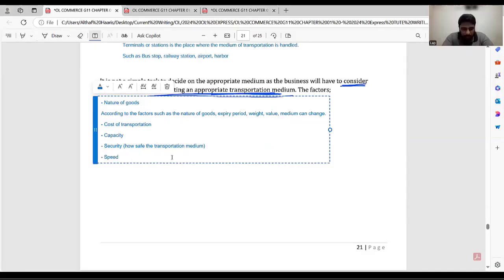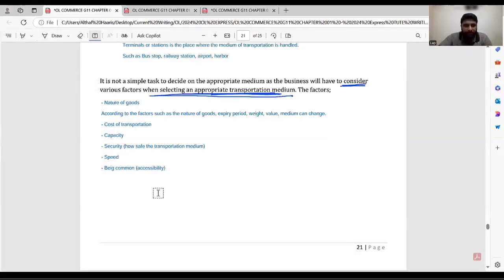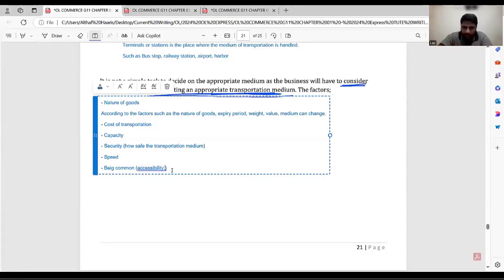Speed. Being common, which means accessibility, or availability.